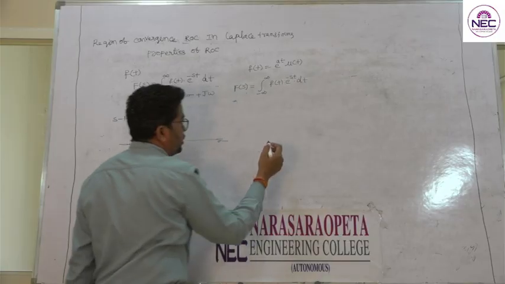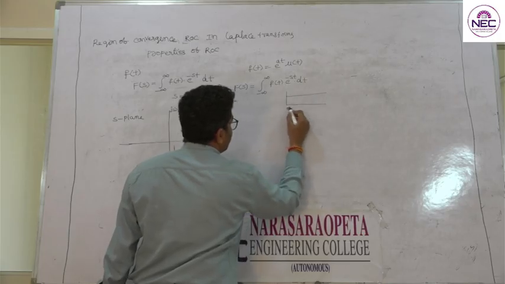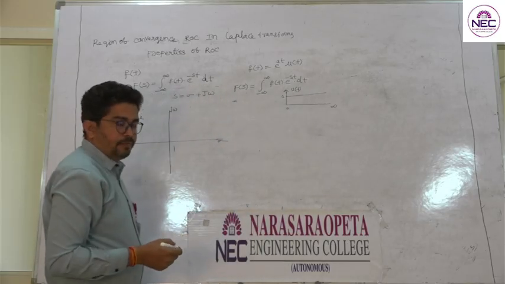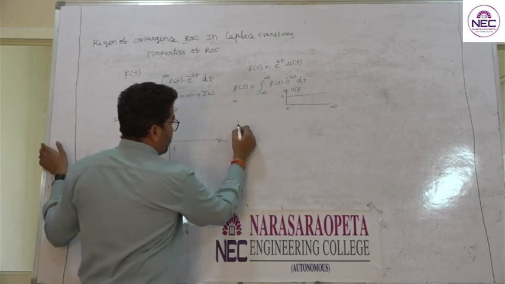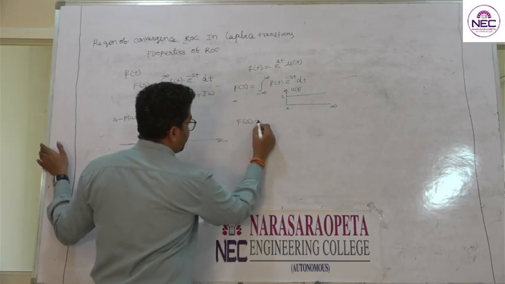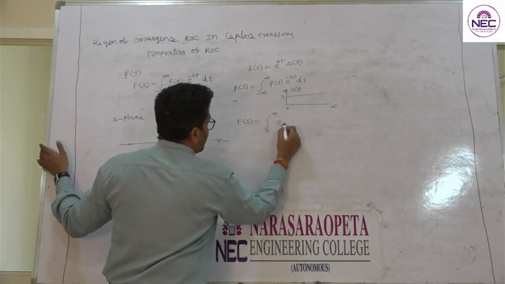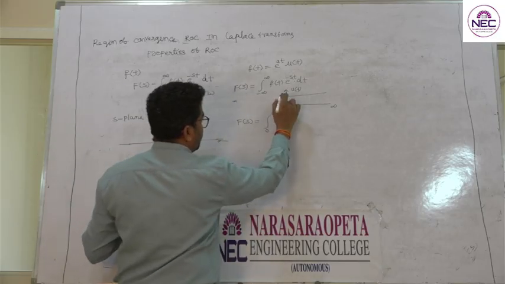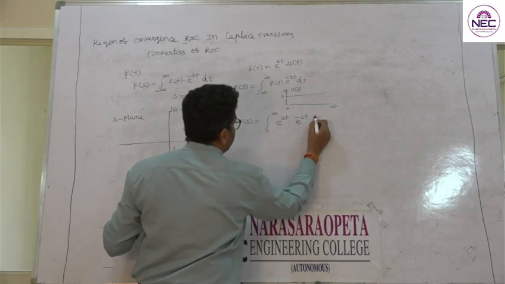Because of u of t, the limits change to 0 to infinity, since u of t is always present between 0 and infinity. Its magnitude is always 1. So F of s equals the integral from 0 to infinity of e power at into e power minus st into dt.